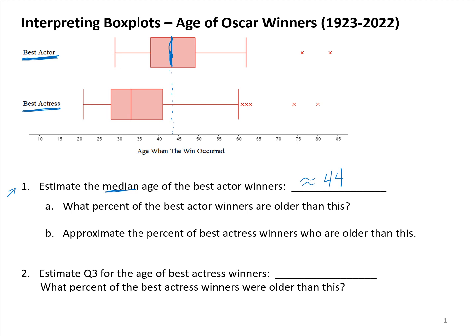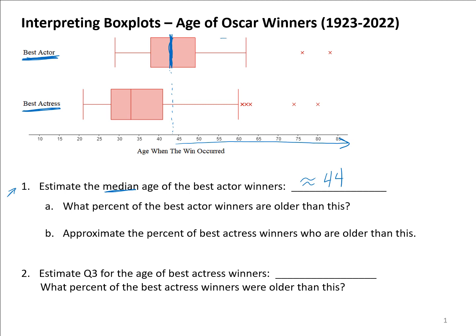What percentage of Best Actor winners are older than this? So to be older, we'd be looking at what percent are older than this. Well, you might think you have to look at the axis to see that, okay? But remember, every part of a box plot is based on quarters. So the median is going to be breaking up the data in half.